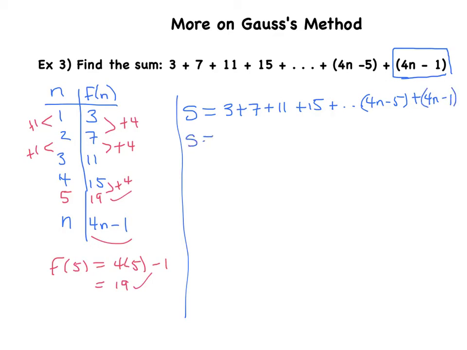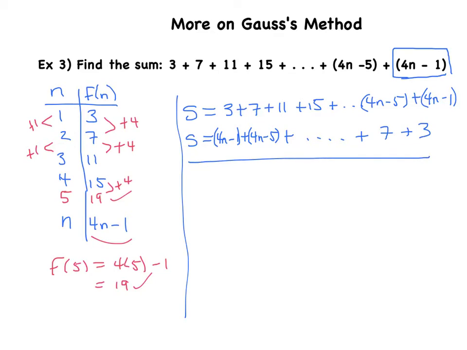But S also equals 4n minus 1 plus 4n minus 5 plus, going backwards, 7 plus 3.